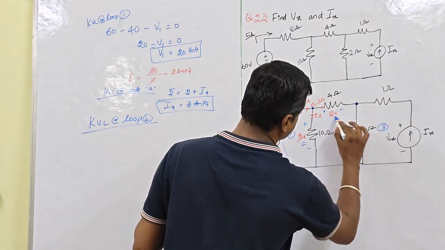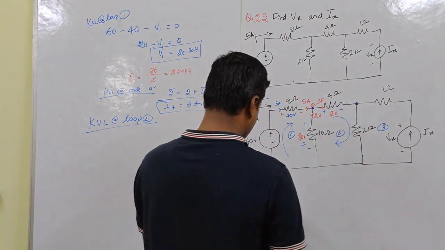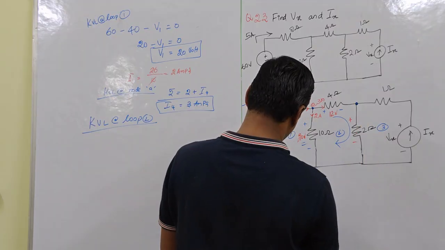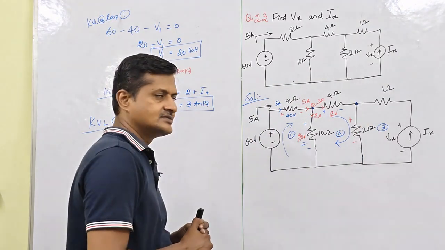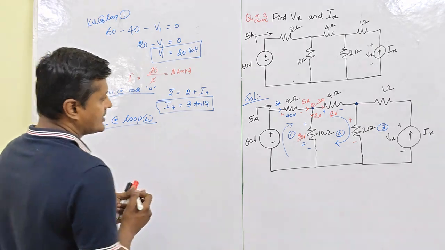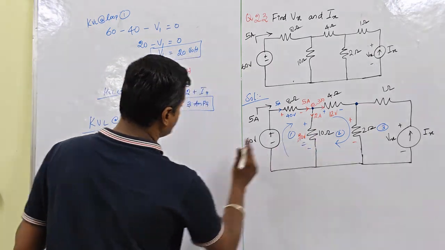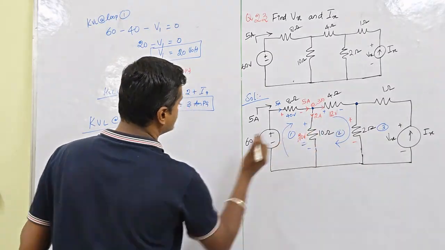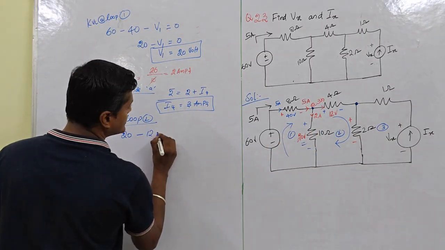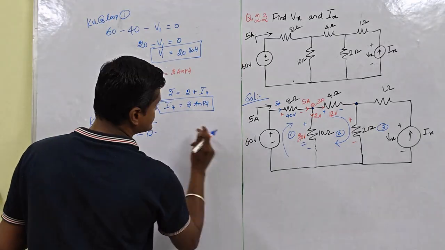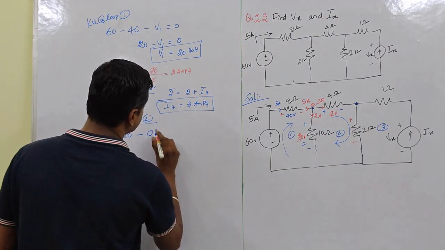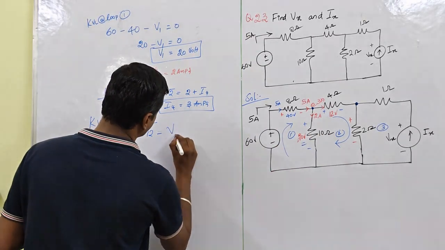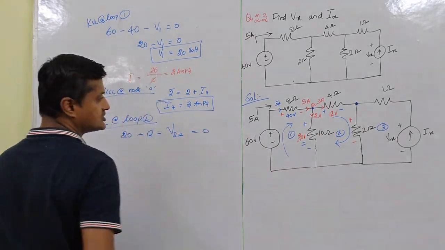In this direction, the plus and minus are the same. So when we apply it, this will be plus 20 volt, and going here, that will be minus 12 and minus V2x, the voltage across the 2 ohm, that is equal to 0.